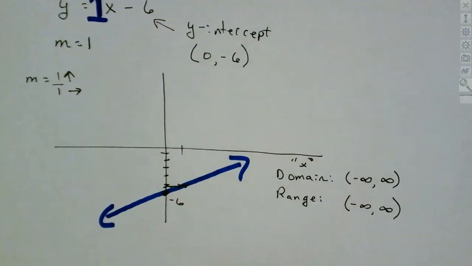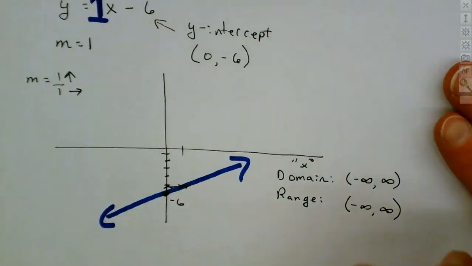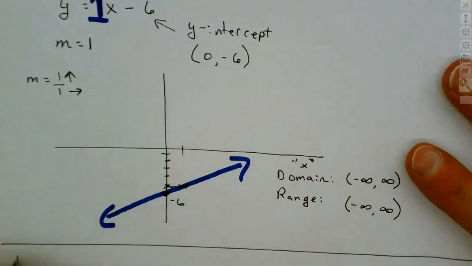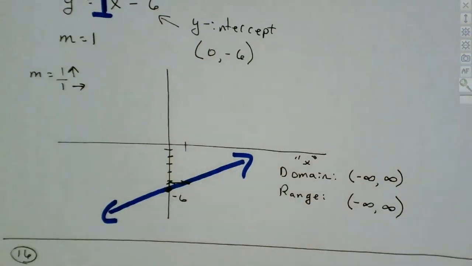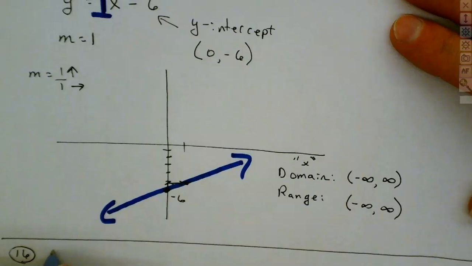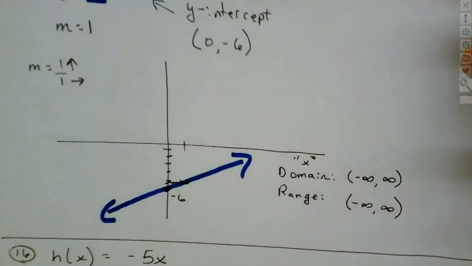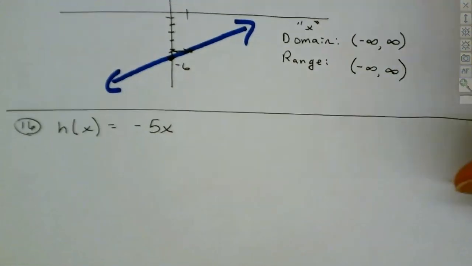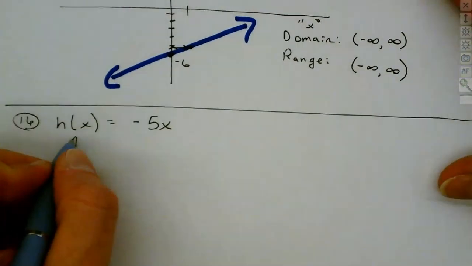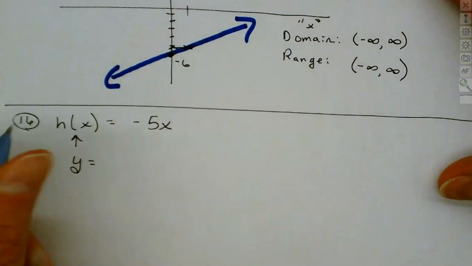Question 16 is similar again. We're going to be graphing question 16, and I picked this one because it's missing a part. This h of x is like your y.